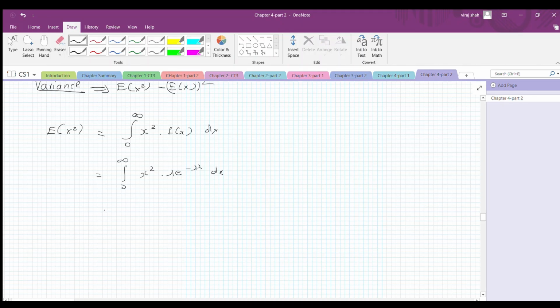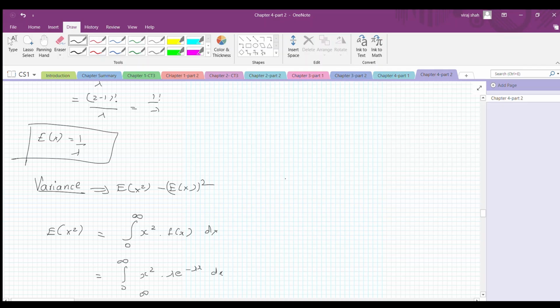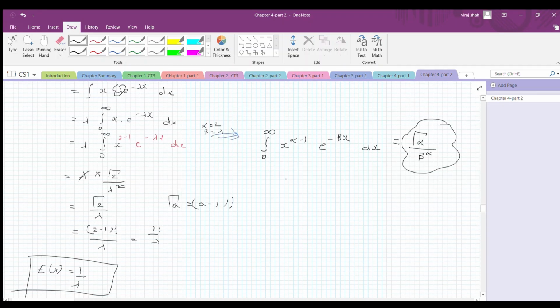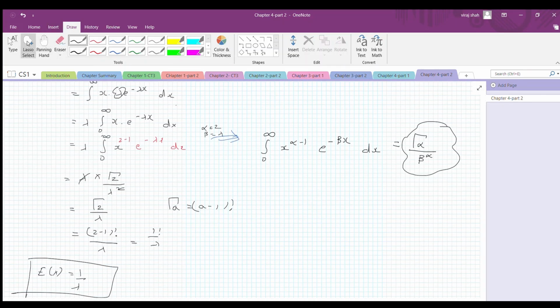Going ahead, I can take lambda common because it does not have an x term, and since it does not have an x term, it is considered to be a constant. So I can take my lambda out here. So I'm left with lambda integration from 0 to infinity x square e raised to minus lambda x dx. Okay.